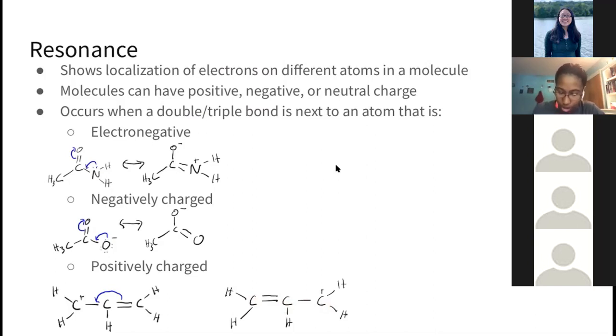Now the positive charge is on the carbon that's on the right, instead of the carbon that's on the left. So once again, as has been the case with our electronegative and negatively charged examples, we've maintained the charge for the molecule. It was positively charged here, and it's positively charged at the end, in our resonance structure as well.